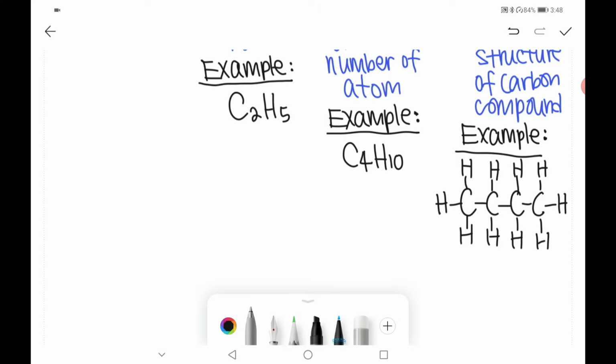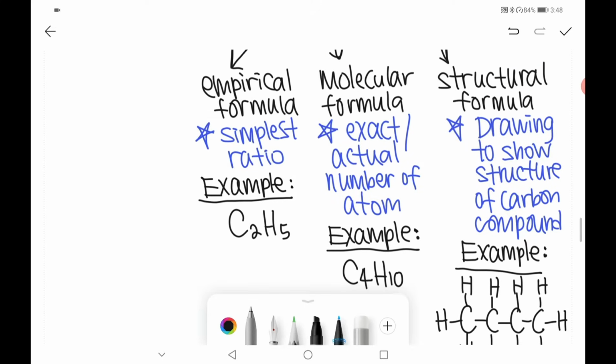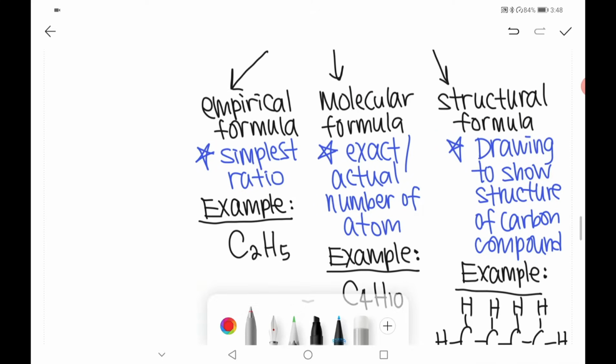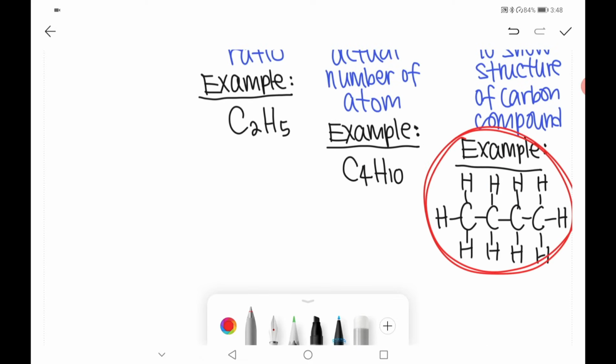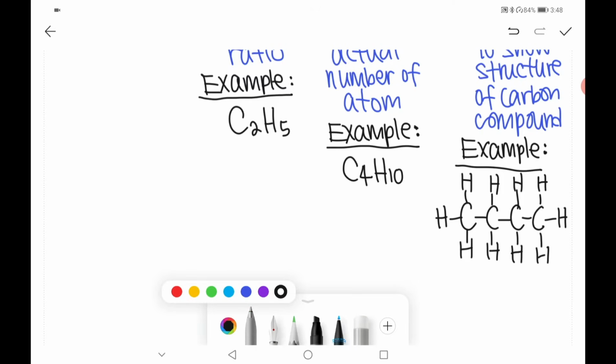With structural formula, we are able to see the structure. The structure is actually the drawing, and we call the drawing structural formula.